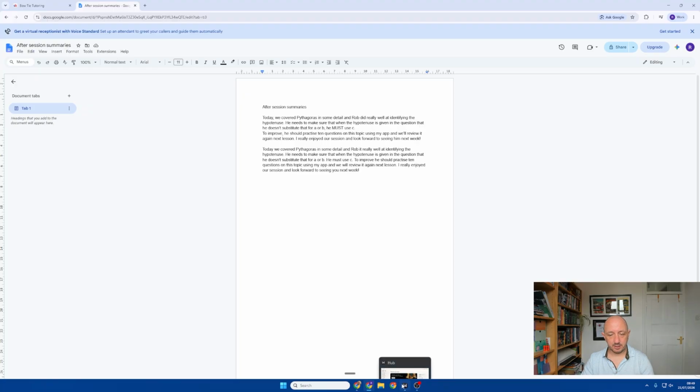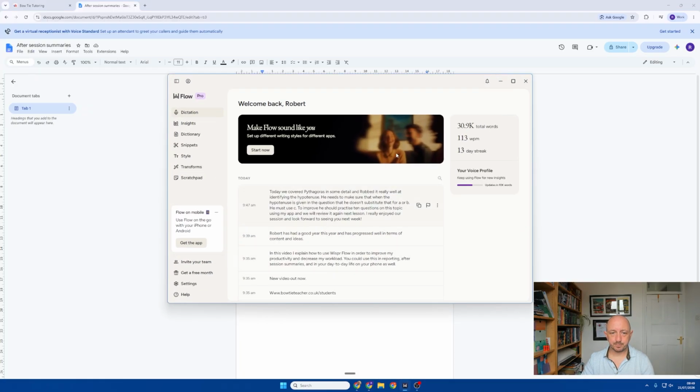So my stats personally on Whisper Flow, I've done 31,000 words. I've been using this for about 6 weeks, and 113 words per minute, because I'm actually quite slow at talking, and I sort of think about things while I'm doing this. People are a lot better at doing the Whisper Flow and just talking more naturally than I do, but the app will show you how much you're using per minute, and you will be able to compare that to your typing speed, which you can do online.